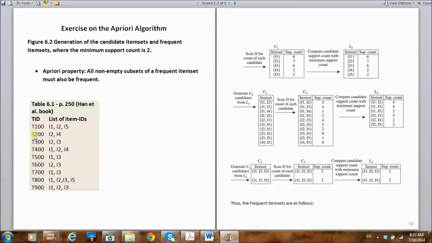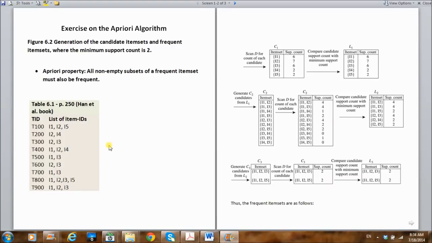And then another customer has a banana and, let's say, ice cream in the shopping basket. And T300, another person's shopping basket, could have a banana and a cherry, and so on. From these transactions, we would like to generate the frequent item sets.